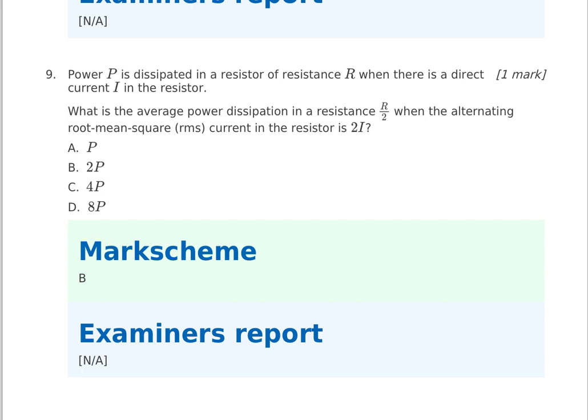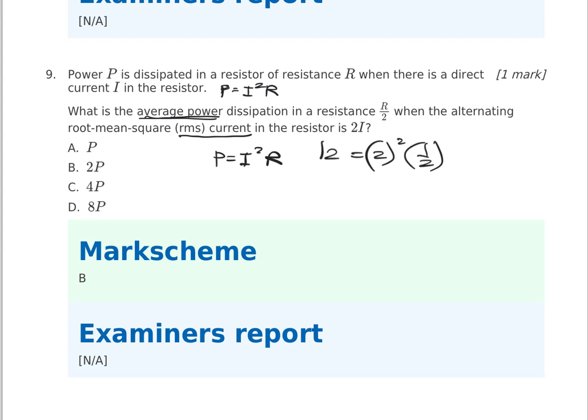So really we're just doing P equals I squared R again, but we have half the resistance, but double the current. And so, of course, I is squared, so that would be 4 times, and half of 4 proportionally is 2. So we would have double the power, and that is B.